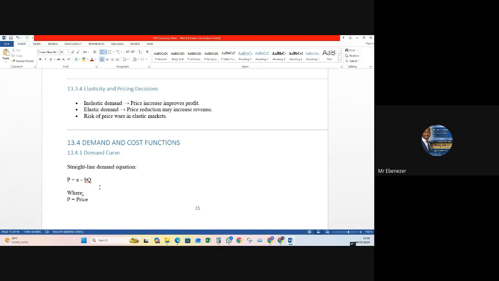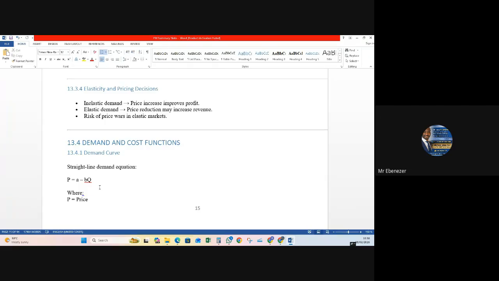Now, for your elastic product, it means that if you increase your price, many of your customers will leave you. That's what elastic demand means. All right. So in a situation like that, if it is an elastic demand, then if you reduce your price, that means you will increase your revenue, and of course your profit.